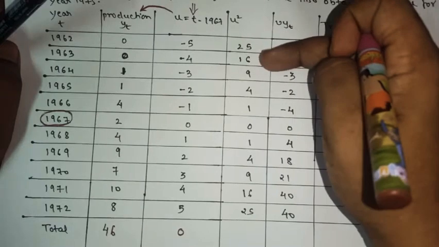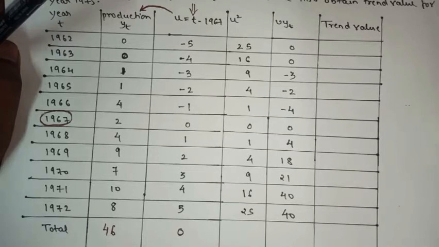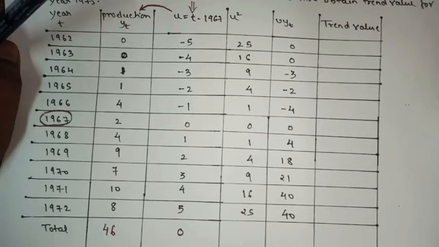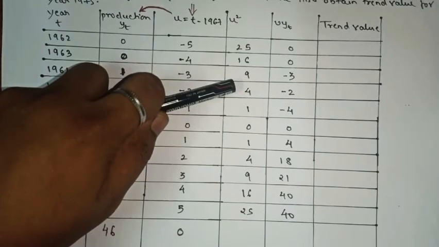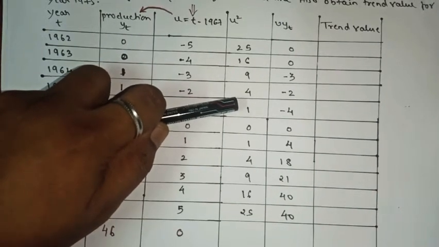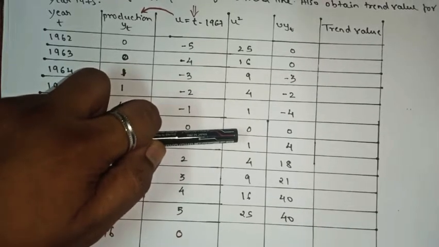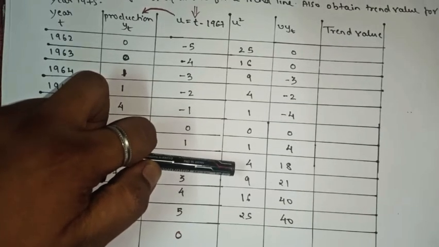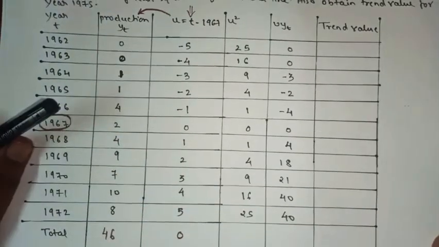When you add this 25 plus 16, 41, then plus 9, you will get 50, plus 4 plus 1, that means 55, 55 plus 0, 55, then plus 1, 56, 60 plus 9, 69 plus 16, 85 plus 25, that means 110.